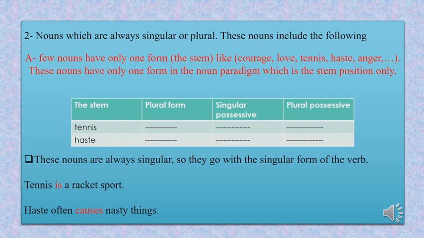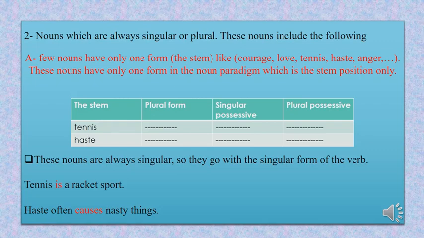There are nouns which have only 1 form, the stem only, because these nouns do not have a plural form, and because they are inanimate, they do not have a singular possessive form or a plural possessive form. That is why in the noun paradigm, they have only 1 position, only the stem.